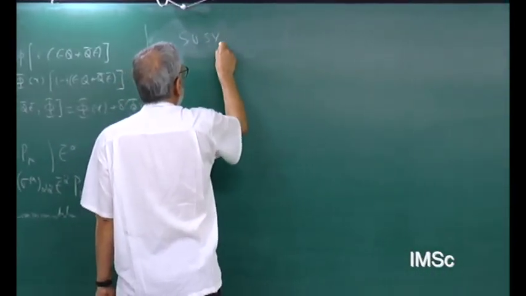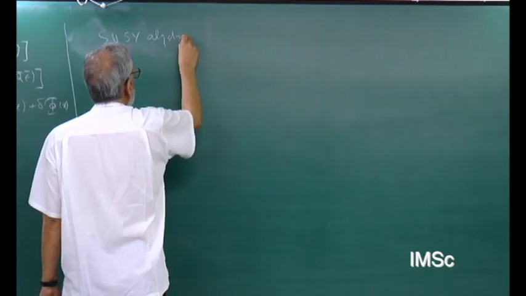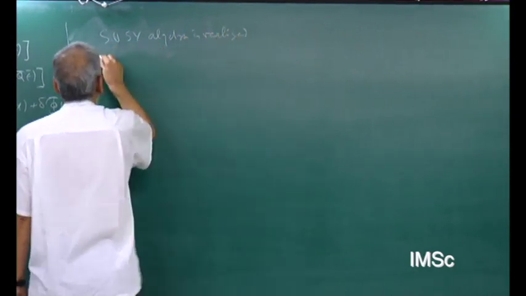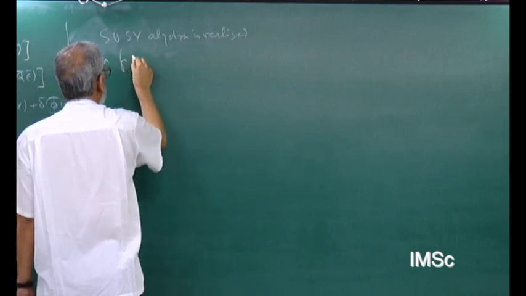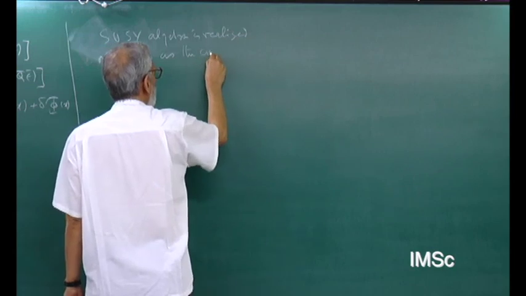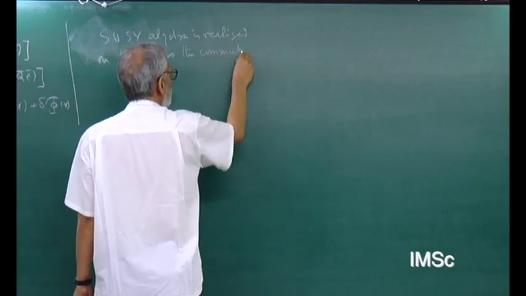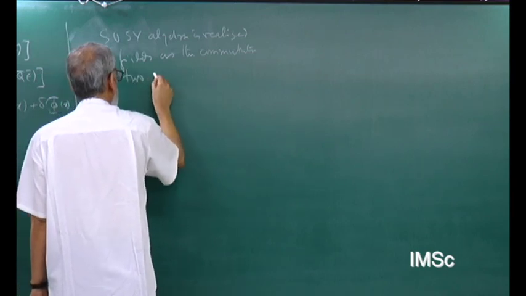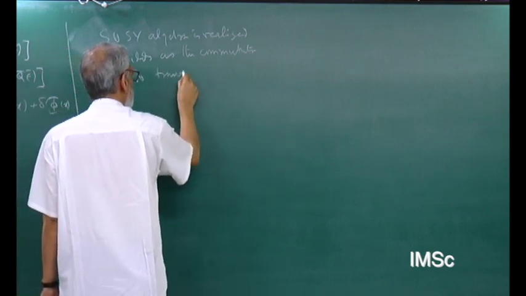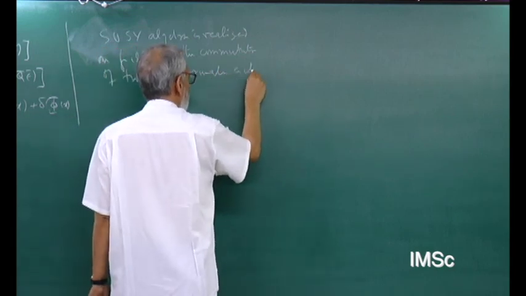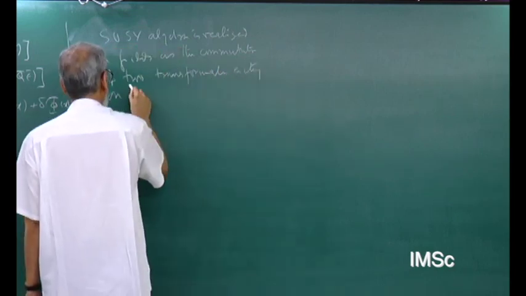The SUSY algebra is realized on fields as the commutator of two transformations acting on the fields.